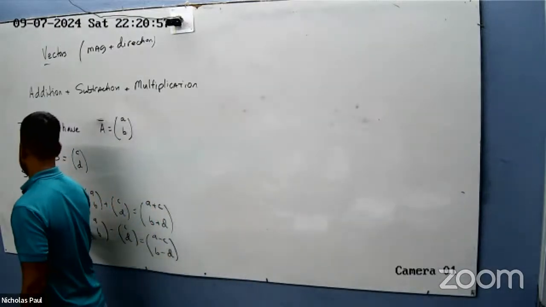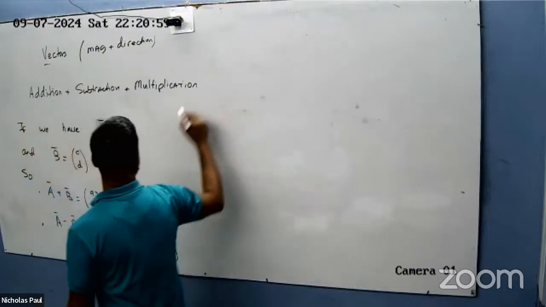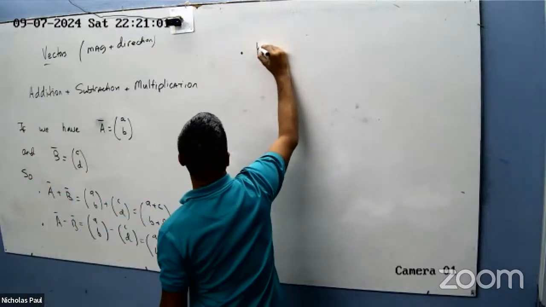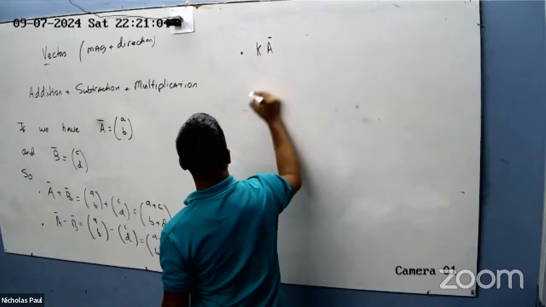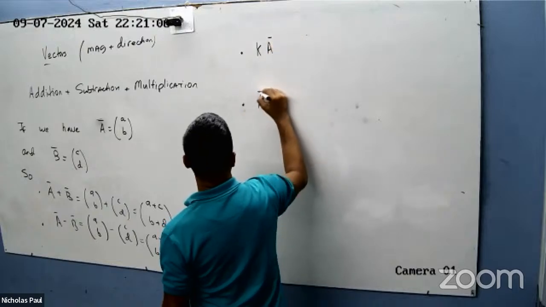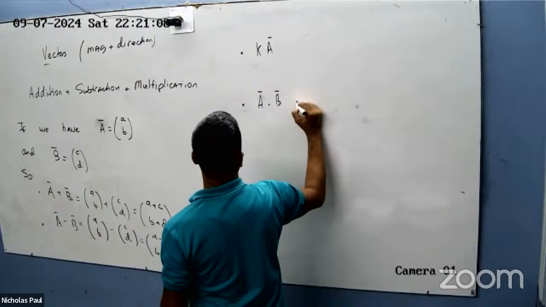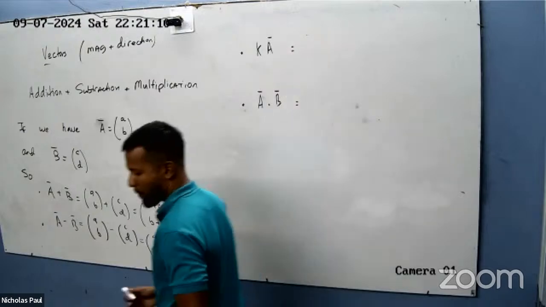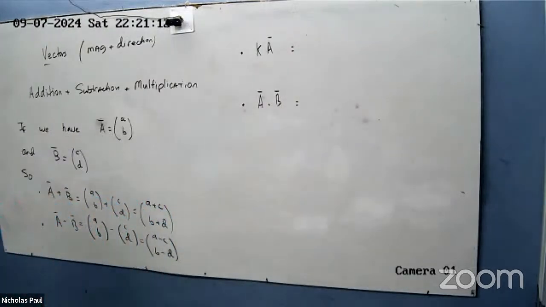Right, so this is addition, this is subtraction. Of the four to handle, right? Addition, subtraction, multiplication.